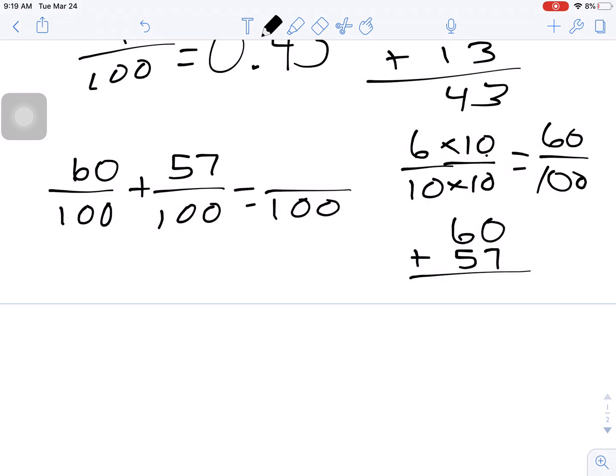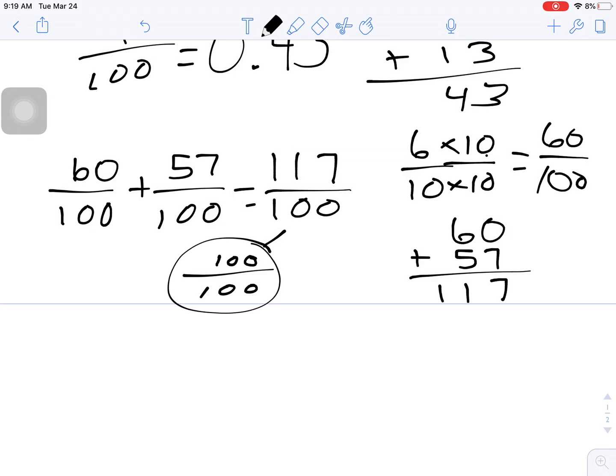I'm going to go 0 plus 7 is 7. 6 plus 5 is 11. So now I have 117 hundredths. We know that if the top number here is bigger than the bottom number, it is an improper fraction. We cannot leave them that way. What we have to do is we have to take out the wholes. So remember, when the top and the bottom are the same, that's a whole. So if I take out 100 hundredths, that would equal 1 whole.